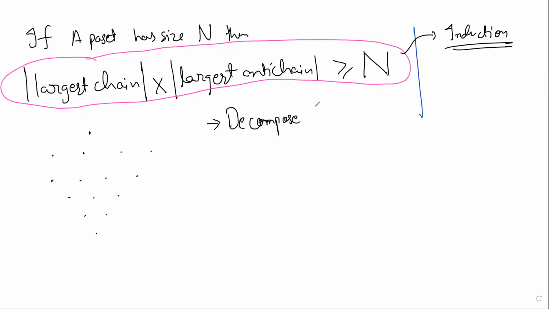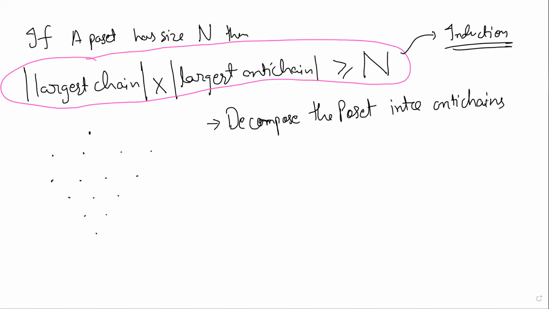We want to decompose the poset. Do I want to decompose it into chains or into antichains? Let's say we decompose the poset into antichains. This is something that we are interested in.